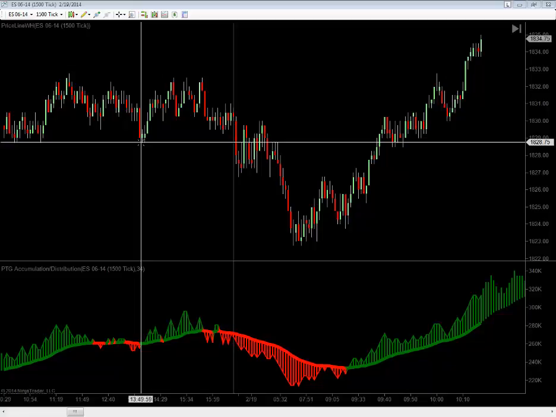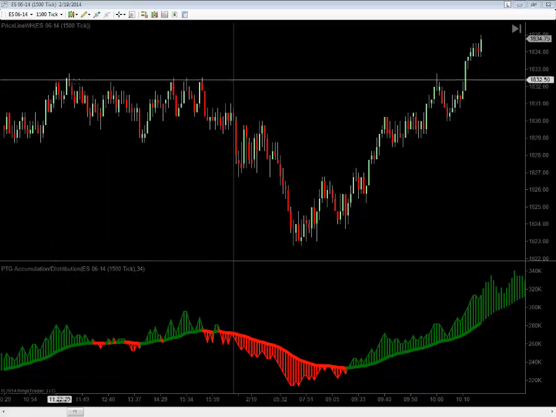We like to see a rising slope as prices continue to rise. If prices are rising and the average cumulative delta is not, then that tends to be a warning sign. So we'll take a few examples here throughout this chart, and let's see what we can uncover.